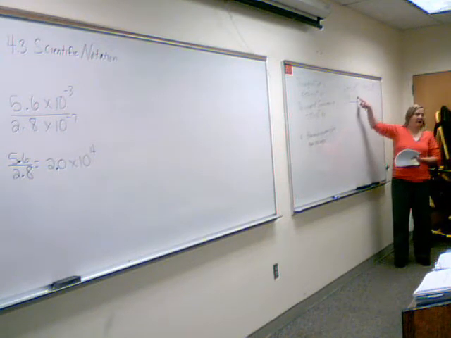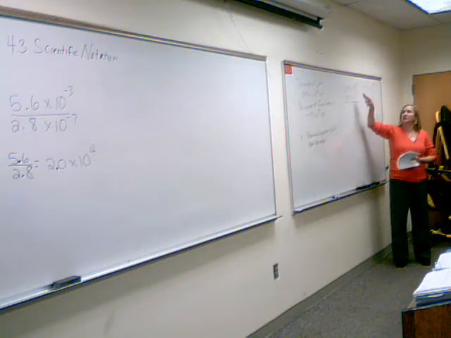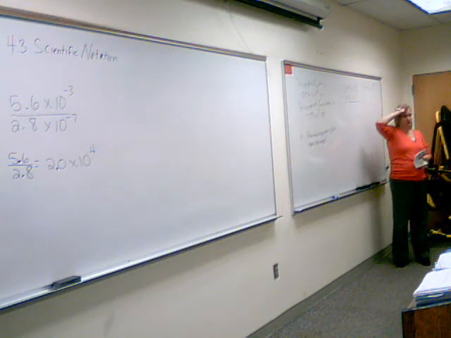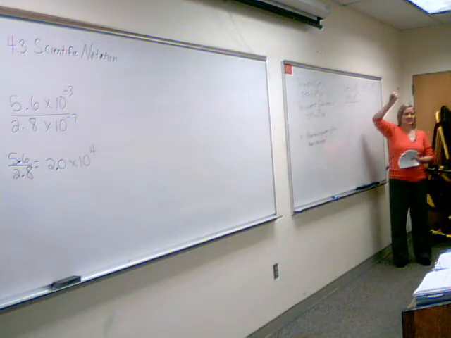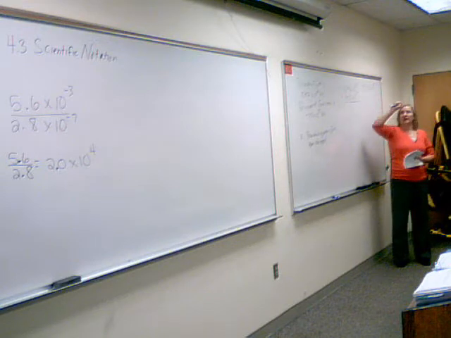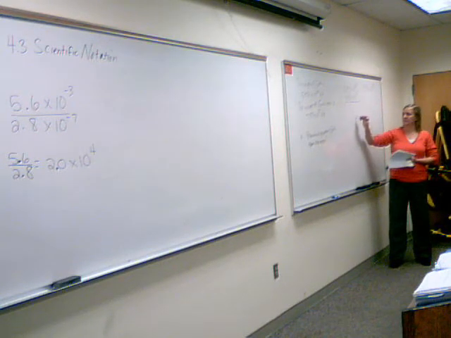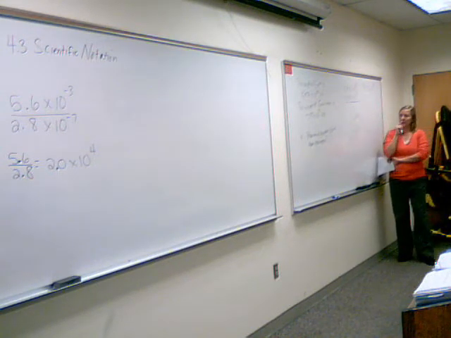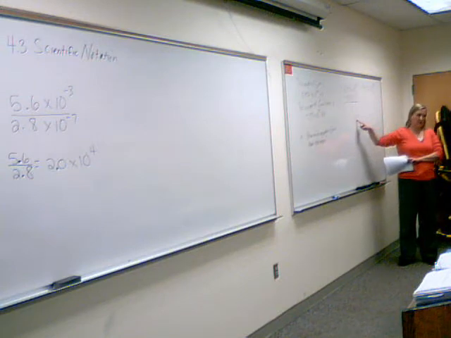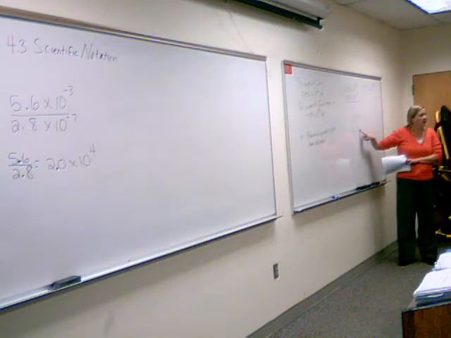I need these to match the exponents. So I need this 24 to be a 22. In order for it to be a 22, how many of these tens am I taking away? Let me think of a different one. If I want this to have 10 to the 22, how many am I reducing it by? 2.